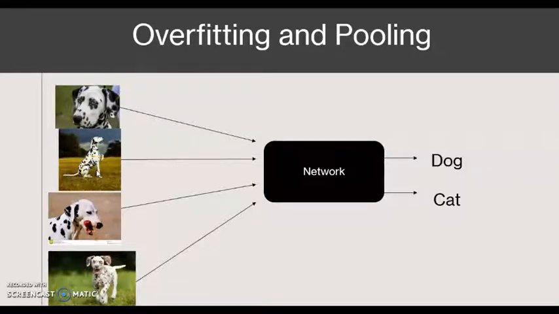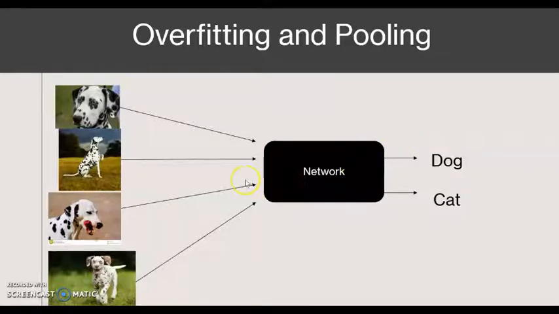So our network will believe that for an image to be classified as a dog, it must have spots and dark eyes. If we test our network with the same training set, the dogs with spots, it will do an amazing job of classifying dogs correctly.